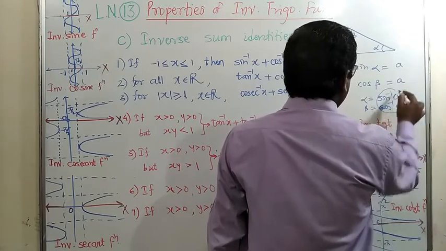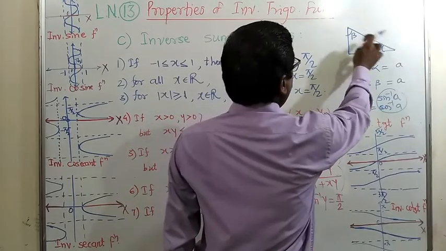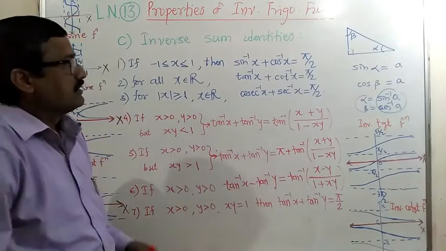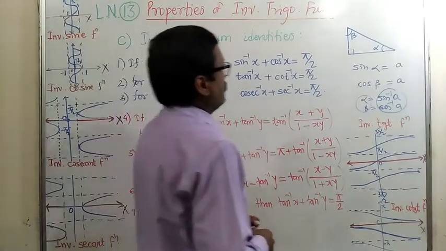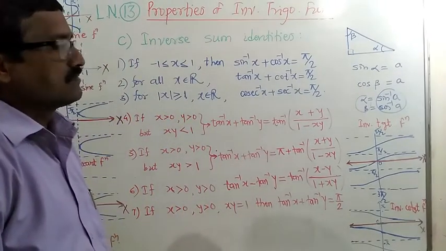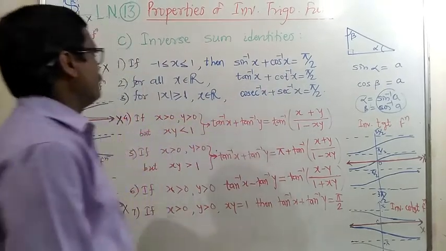So the addition of these two, alpha plus beta, is nothing but pi by 2. In this way we can write the proof of this property.